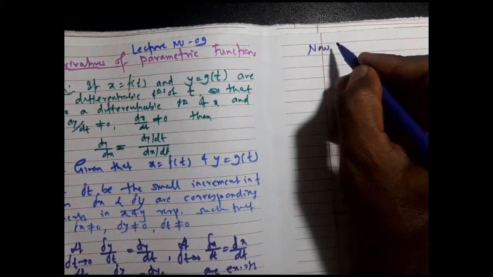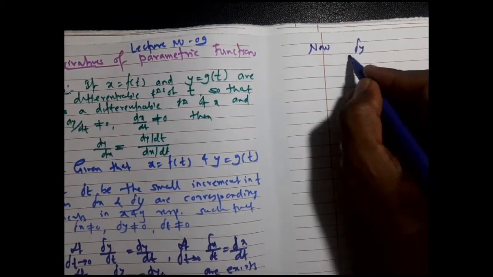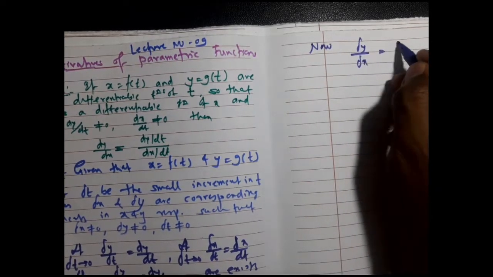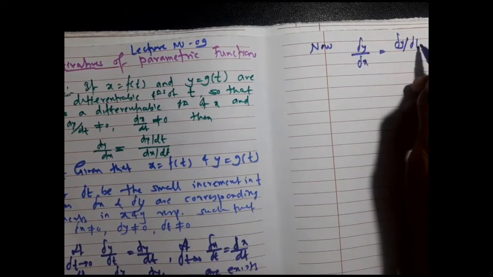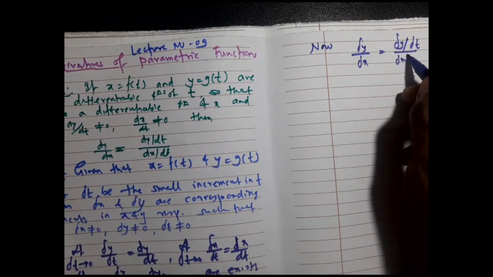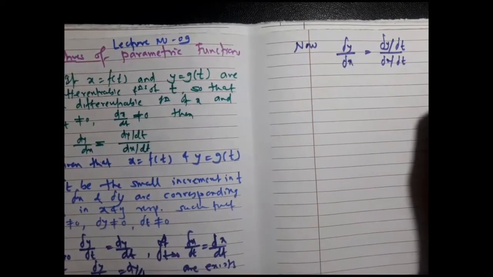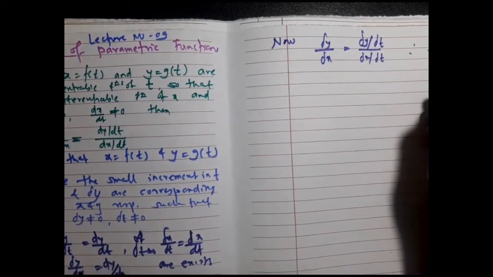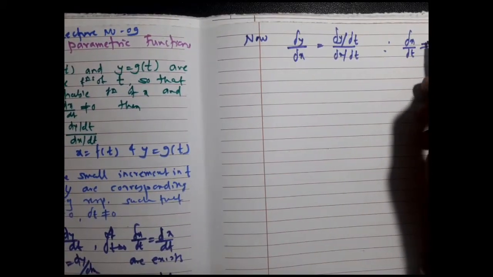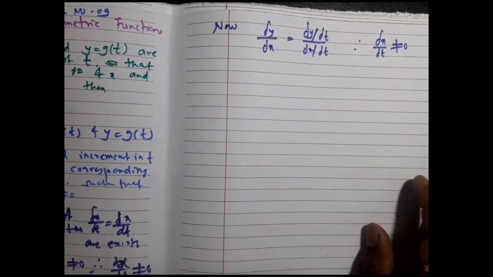Now delta y by delta x is equal to delta y by delta t upon delta x by delta t, where delta x by delta t is not equal to 0.